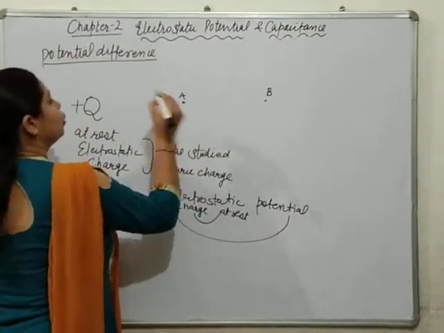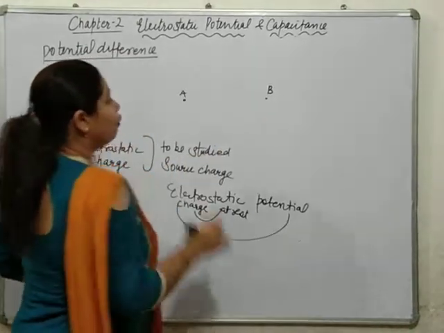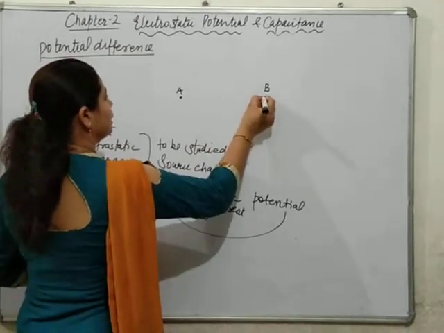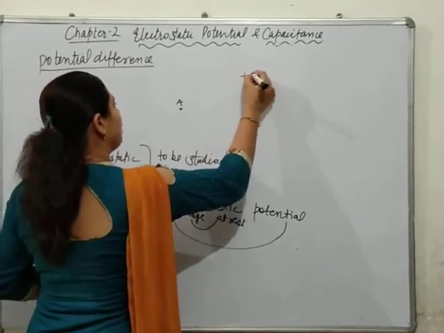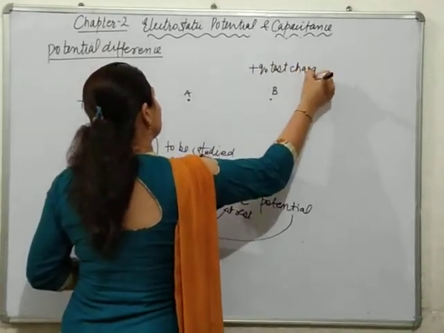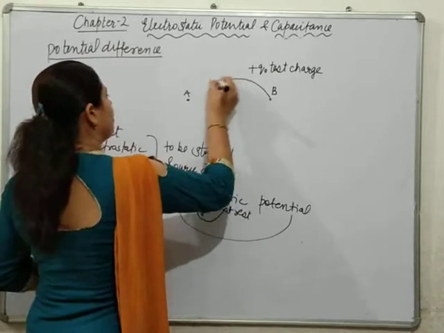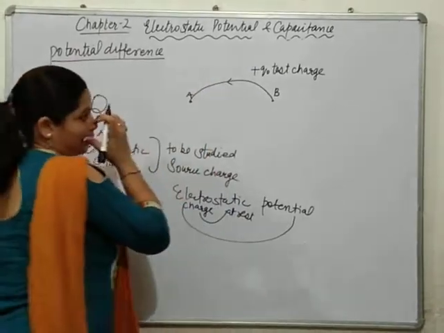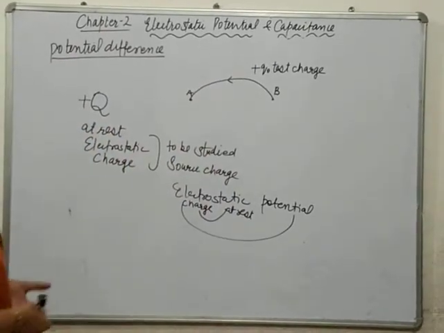Let us consider 2 points A and B. When another charge, that is test charge plus Q naught, is moved from B to A, then some work will be done.